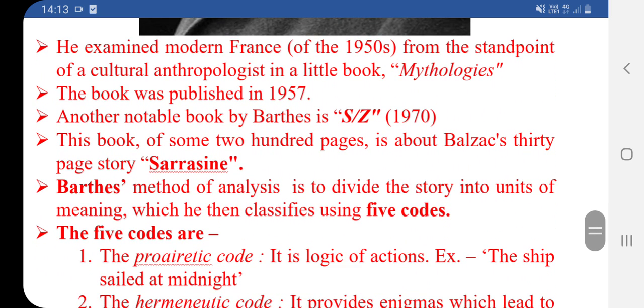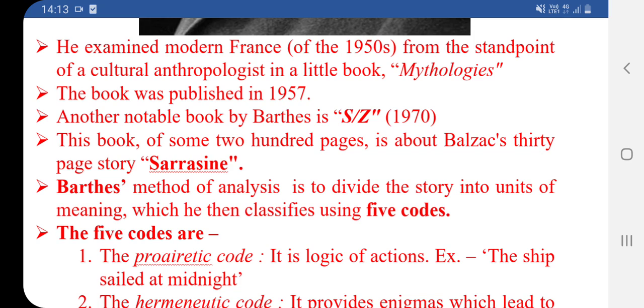Barthes examined the modern myths of the 1950s from the standpoint of a cultural anthropologist in his little book Mythologies. The book was published in 1957. Another notable book by Barthes is S/Z that was published in 1970.